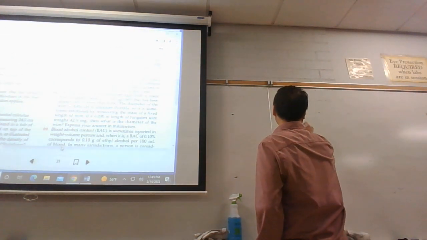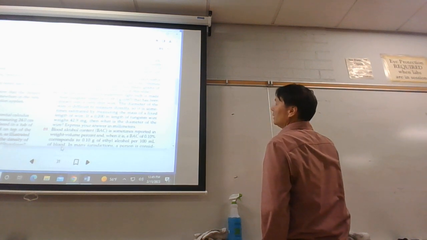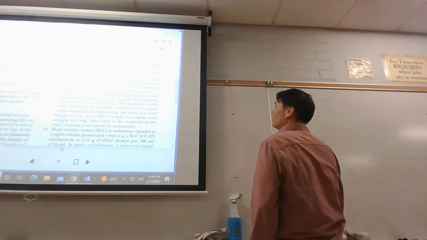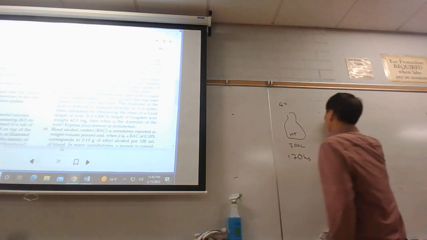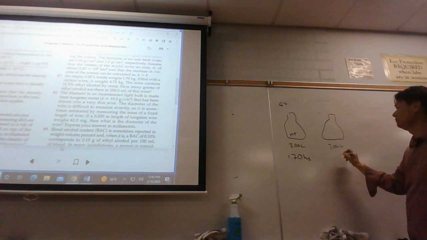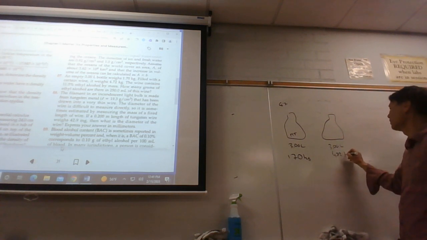This is a 3.00 liter bottle, and empty, it's going to weigh 1.70 kilograms. And then filled with wine, it's going to be 3 liters of wine, and it's going to weigh 4.72 kilograms.